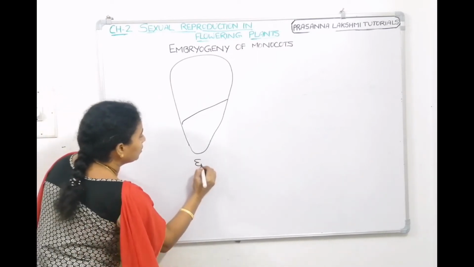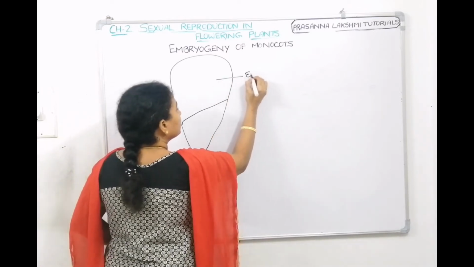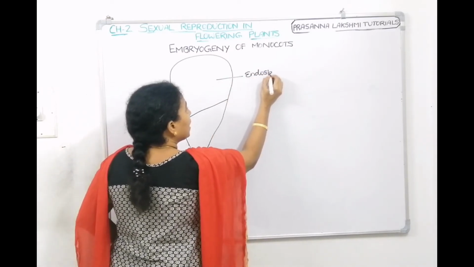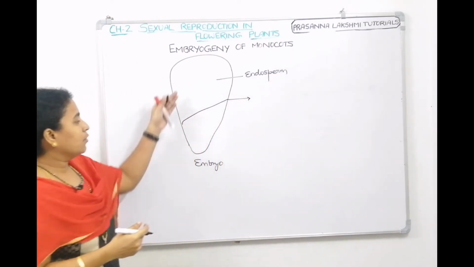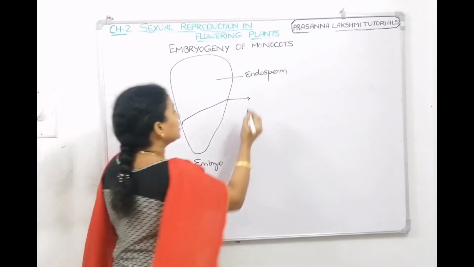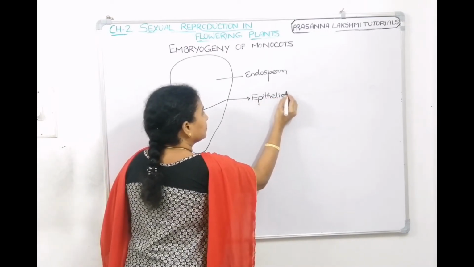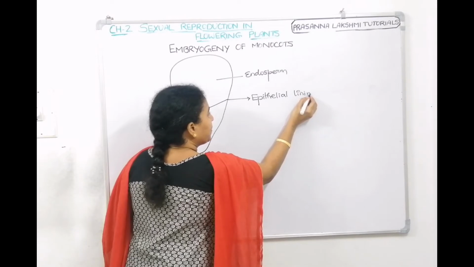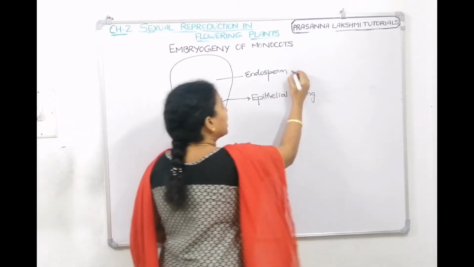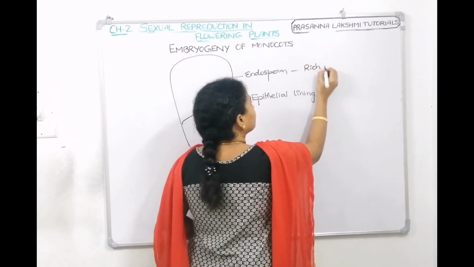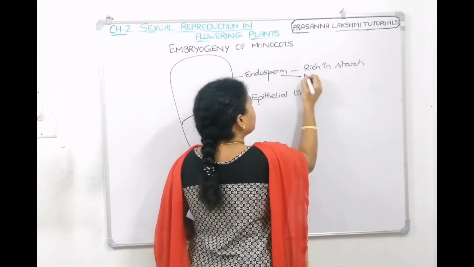This is endosperm. Towards the corner, here is the embryo. What is this portion? Embryo. And what is inside here? Endosperm. And there is an epithelial tissue which separates the endosperm from the embryo. This is the epithelial lining. And the endosperm is rich in starch. The endosperm serves as a nutritive tissue, right?